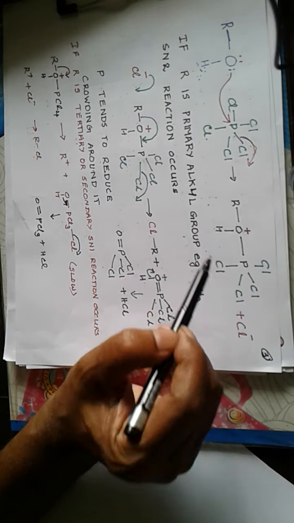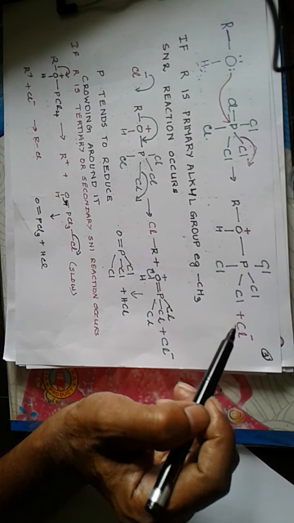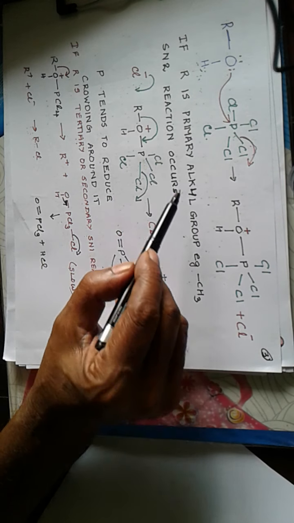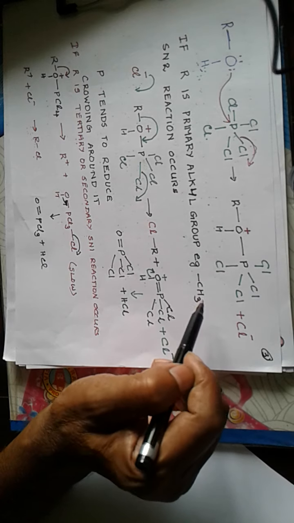Now this species will be attacked by chloride ion if R is a primary alkyl group, for example methyl group.